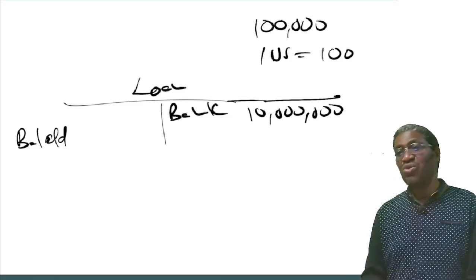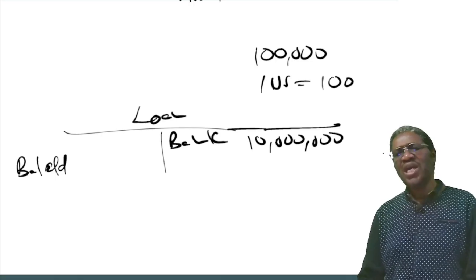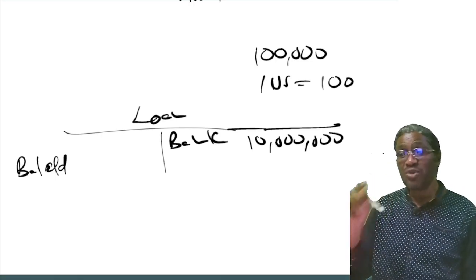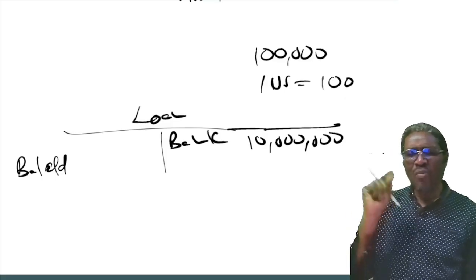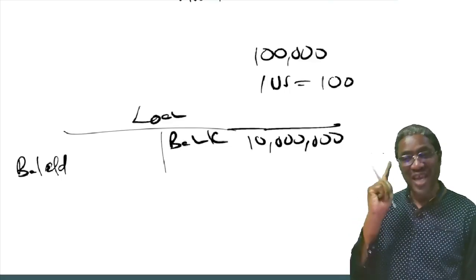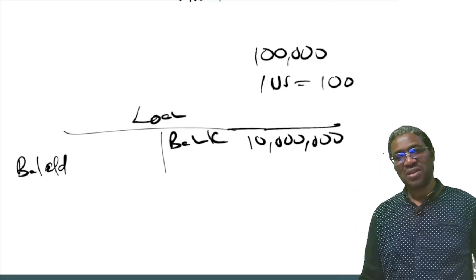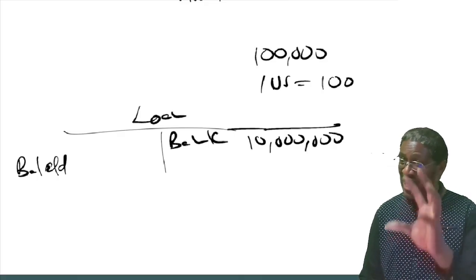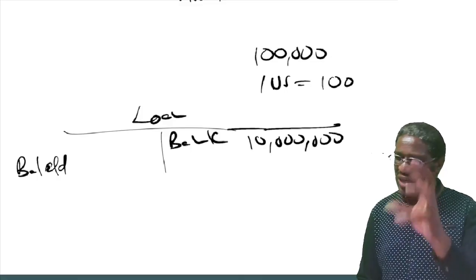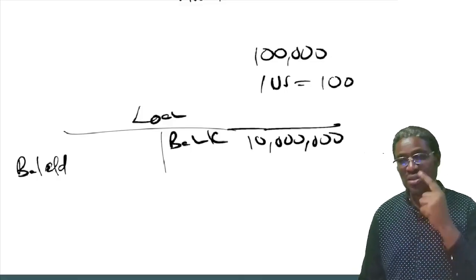No. You will need to ask yourself, if I am to repay this loan by the end of the year, how many Kenya shillings will I need to repay the $100,000? The loan has not changed, still $100,000. But if I am to raise $100,000, how many Kenya shillings do I need?